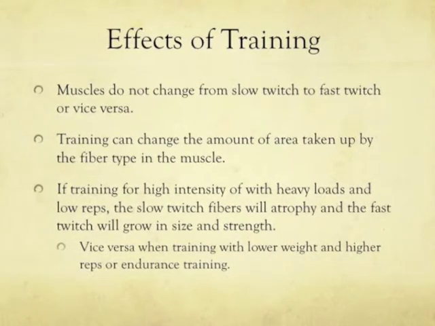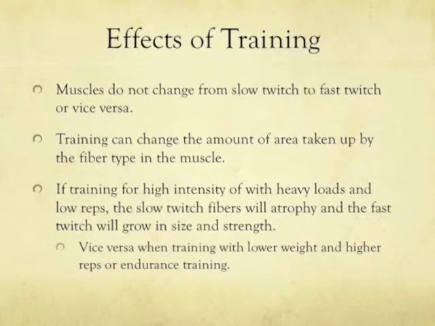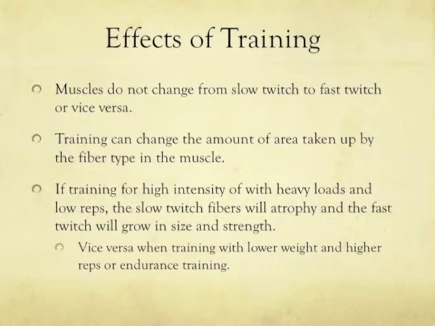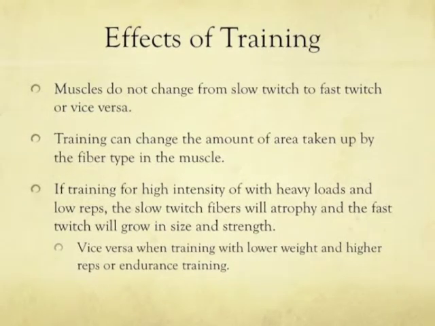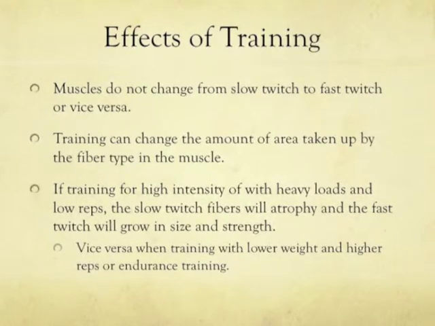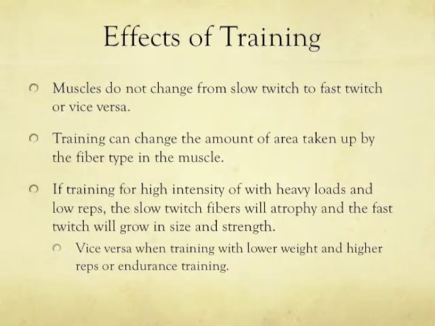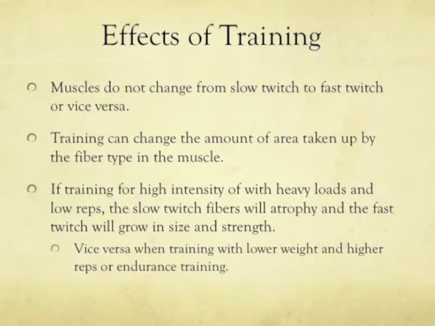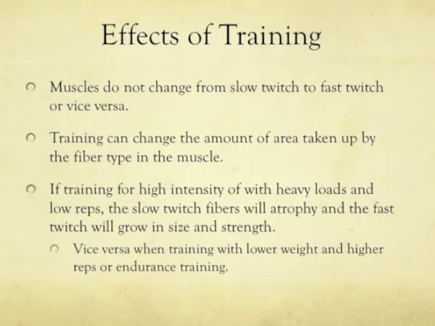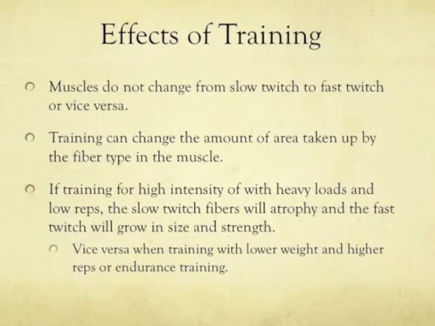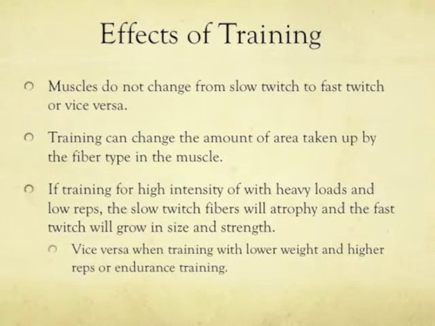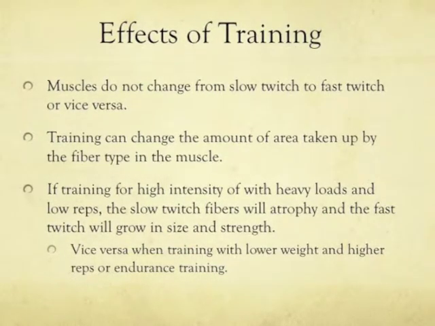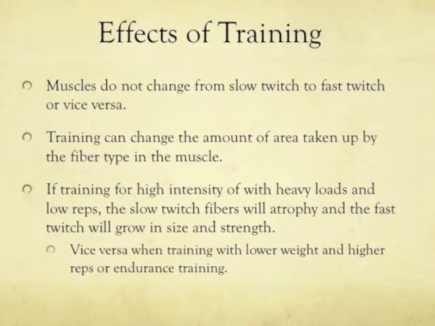Training for high intensity with heavier loads and lower reps, the slow twitch fibers will atrophy and the fast twitch fibers will grow in size and strength. The opposite will happen when training low weight with high reps or for endurance training. The type 1 fibers will take over and hypertrophy over the type 2 muscle fibers, meaning for a much leaner physique, if you might want to say.